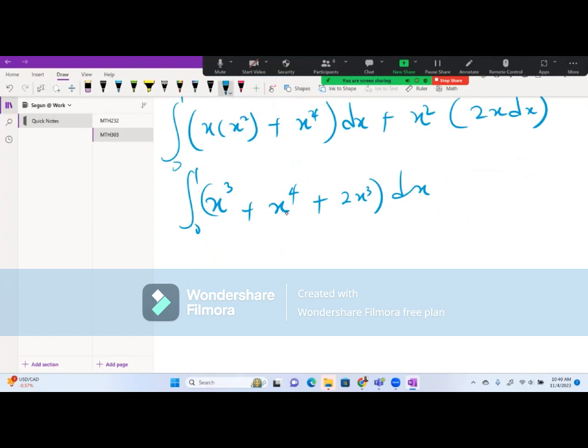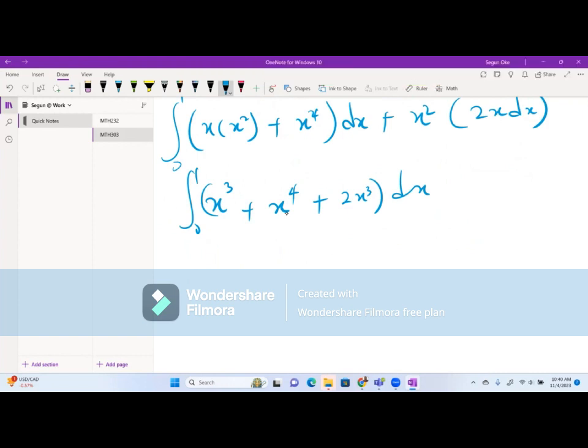X raised to power 4 over 4. You can add the 3 together. You agree with me? I can have 3x raised to power 3 plus x4, because the powers are the same.